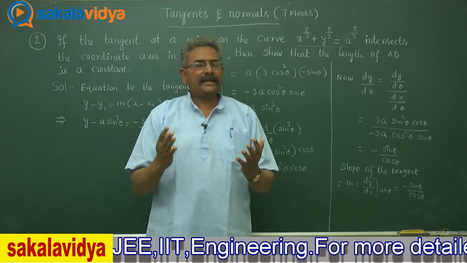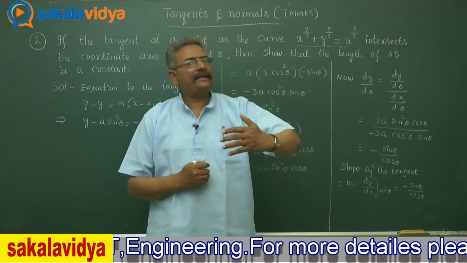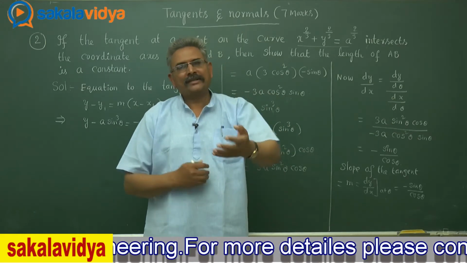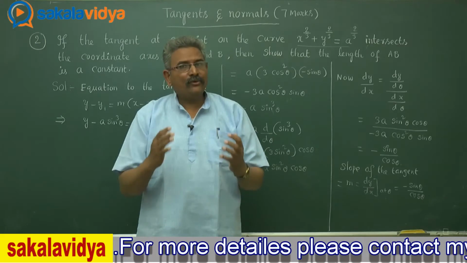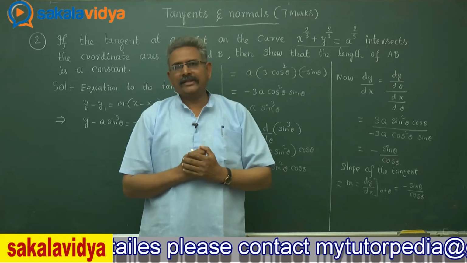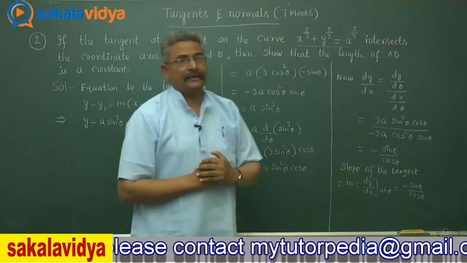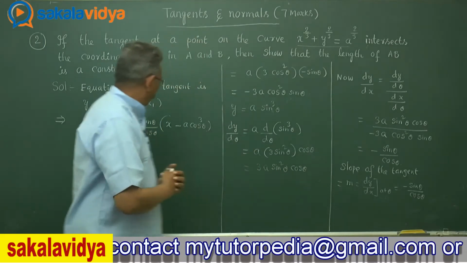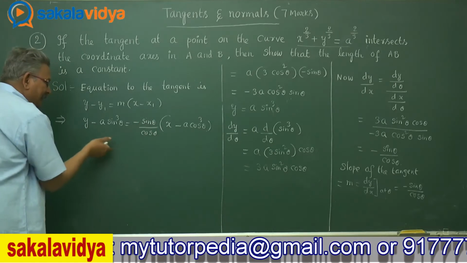We know the intercept form of a line is x by a plus y by b is equal to 1. That's why, while simplifying, we have to keep in mind the intercept form of a line, x by a plus y by b is equal to 1. So now bring sin theta to this side.